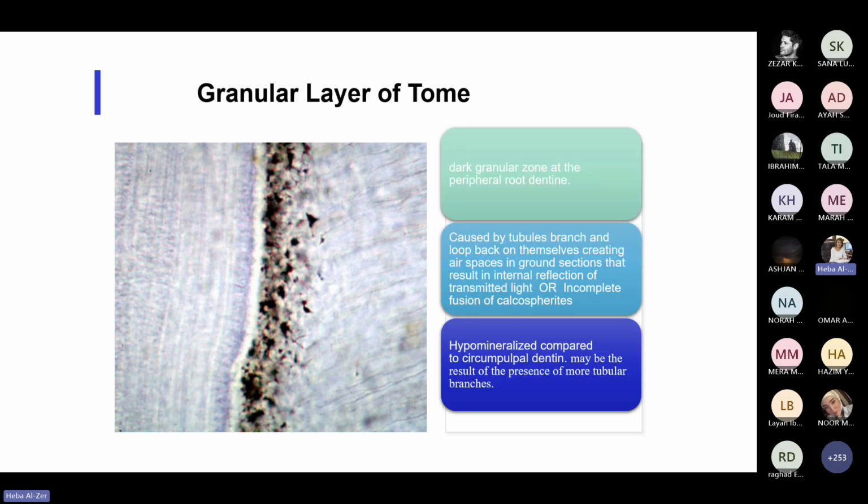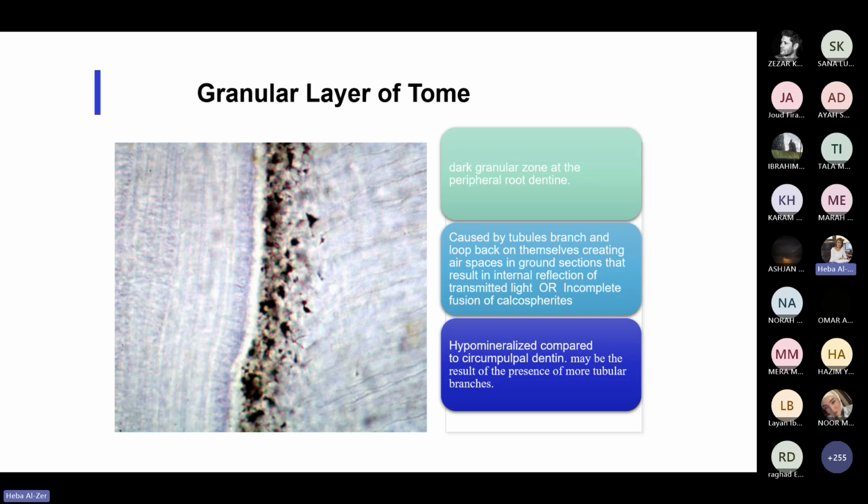Underneath this layer, there is this black area that looks like interglobular dentine, but it's not. It's called the granular layer of Tomes. If you remember, we said that the branching of the tubules happens at the dentino-enamel junction and the cementum dentinal junction. In the root, this branching is really profuse, and the branches actually loop.